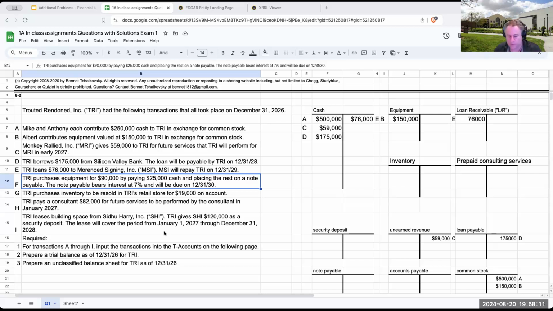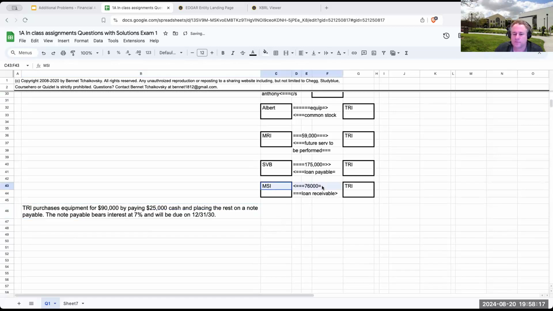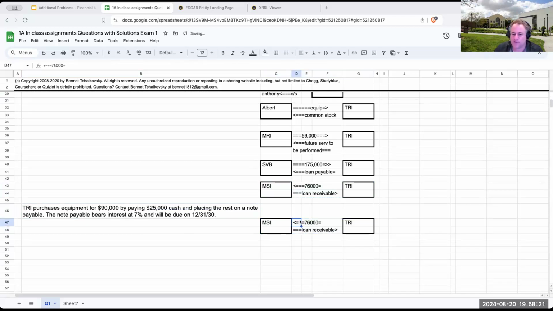So let's go through and break this down, right? So coming over here, I am buying equipment, right? So over here, we'll call this vendor. We don't know who it is, but they're going to be giving us equipment.